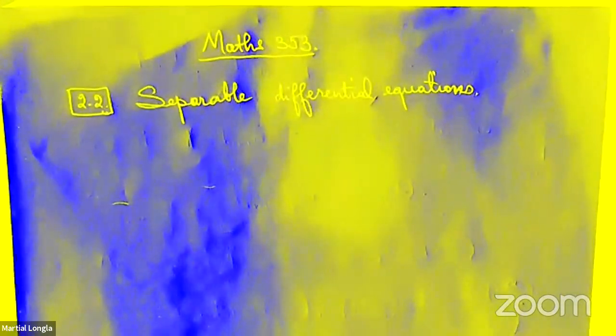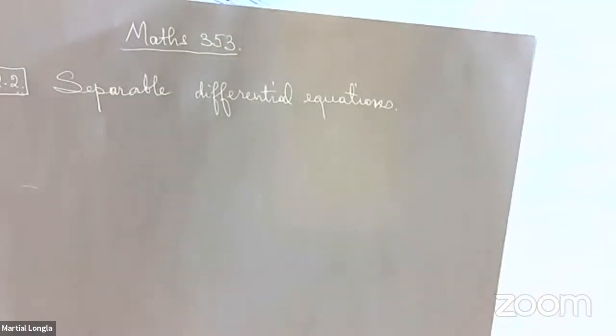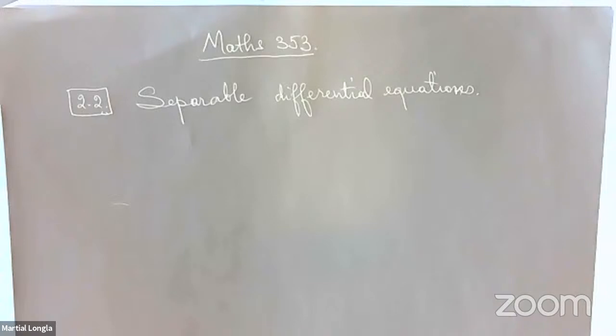If you don't like those colors, I can change and put others. You like this one better? Yes, it looks like a blackboard, right? So, okay, we are fine with this blackboard, so let's go with it.